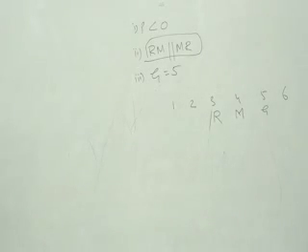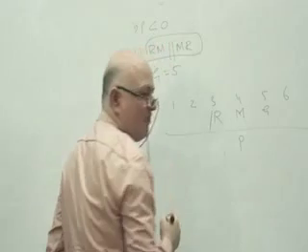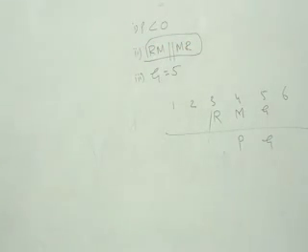If the purple ball is under cup 4, forget about this one. Purple ball is under cup 4. Green is already over here. If the purple ball is under cup 4, the orange ball must be under cup 6.